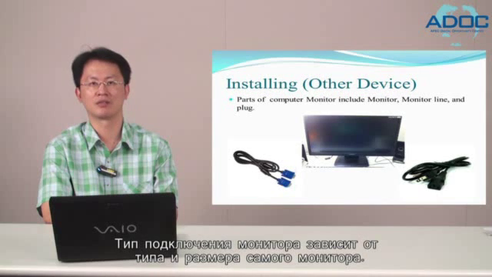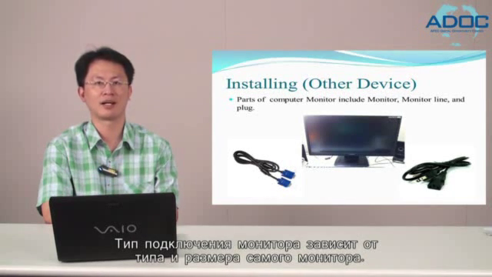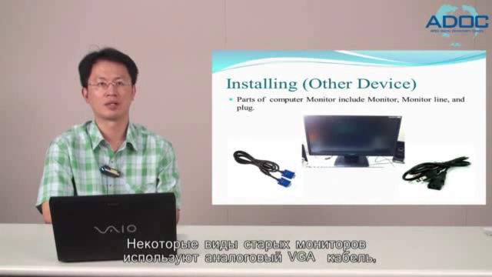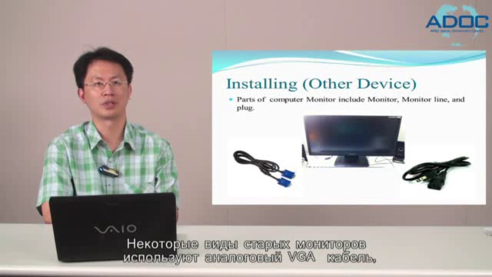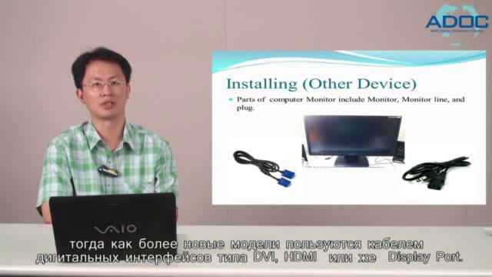Monitor connections vary on both the type and size of the monitors. Some older monitors will use an analog VGA cable, while newer monitors will use a digital signal over DVI, HDMI, or DisplayPort cables.